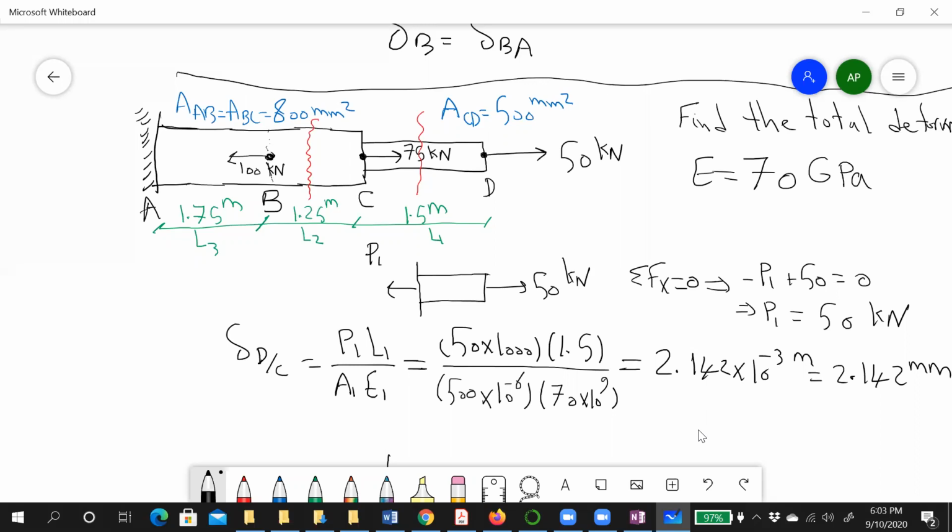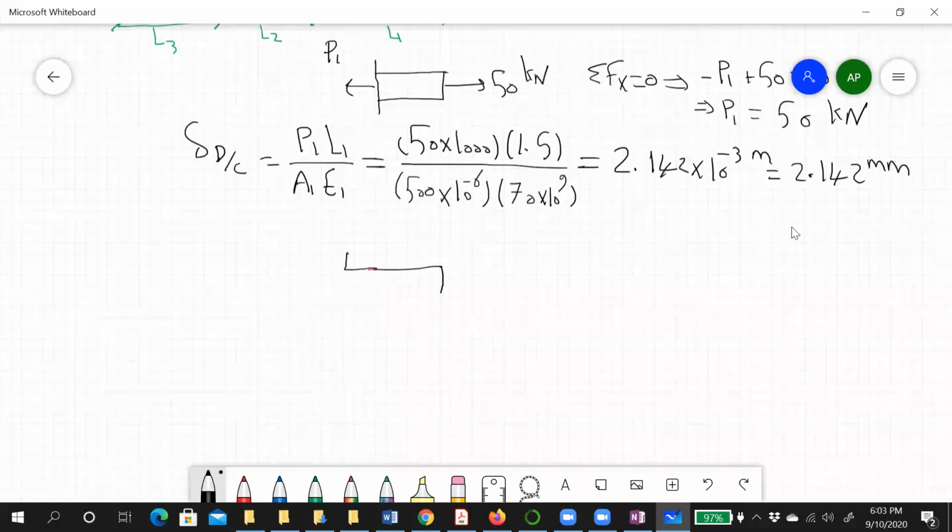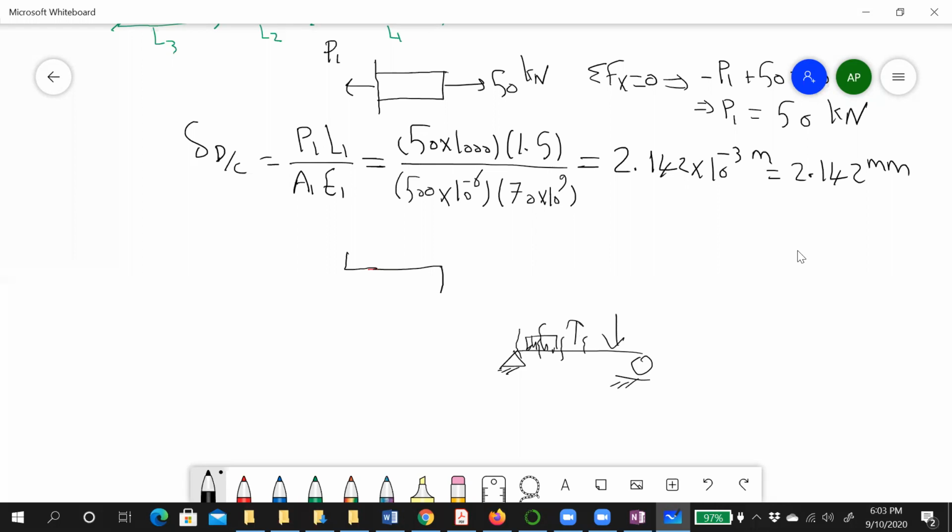It looks like the statics: if you remember, we have a beam with different forces, and then we make sections between the forces.